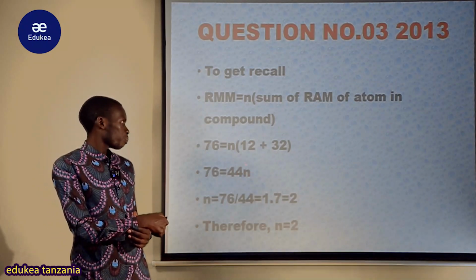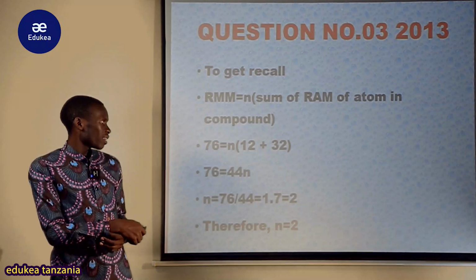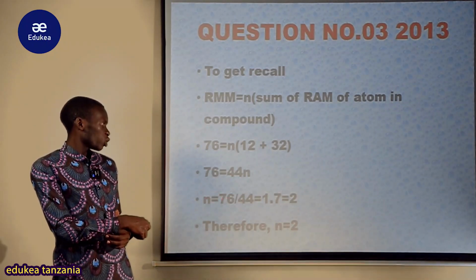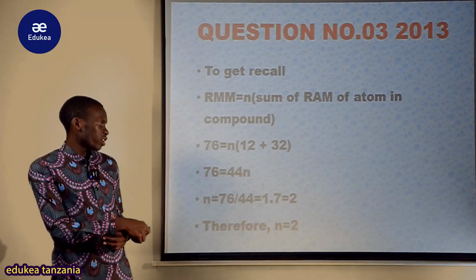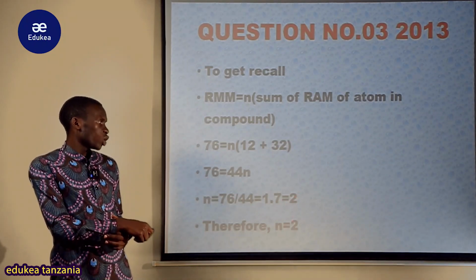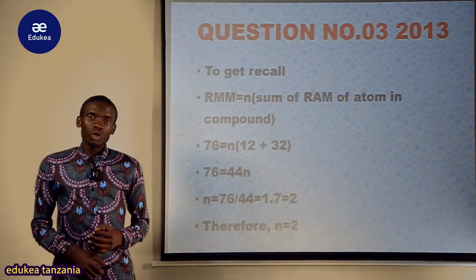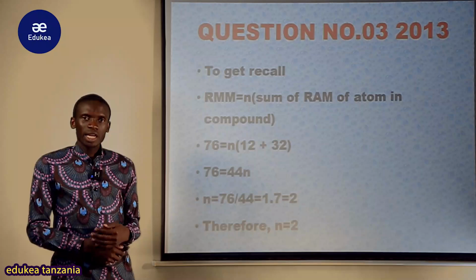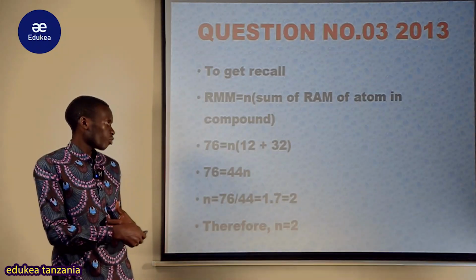After then, to obtain n, divide by 44 both sides. We get n is equal to 76 divided by 44, which is 1.7, approximate to 2. Therefore, n is equal to 2.